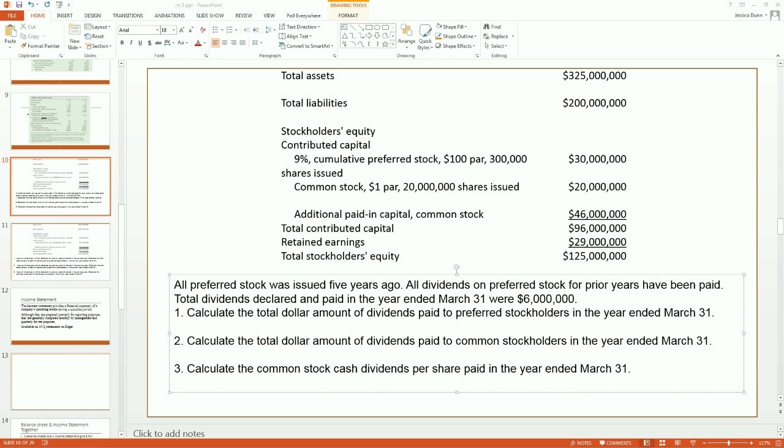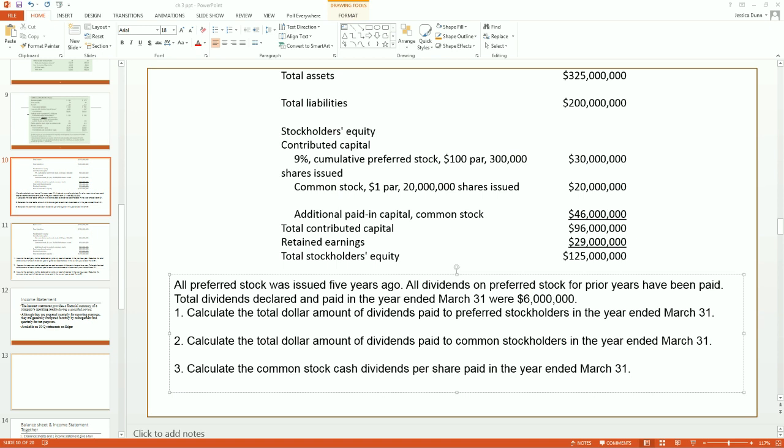And so here's an example of that. Here this company has $325,000 in assets, $200,000 in liabilities, $30,000 par value for their cumulative stock, $20,000 par value for their common stock, and $46 million excess paid in capital.